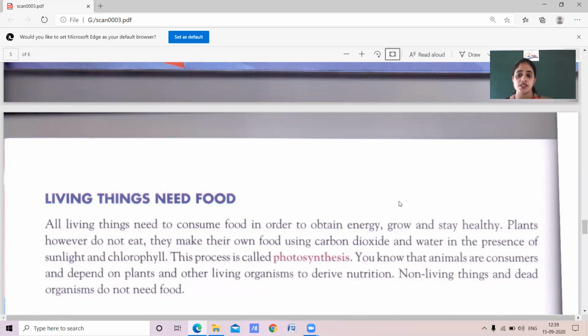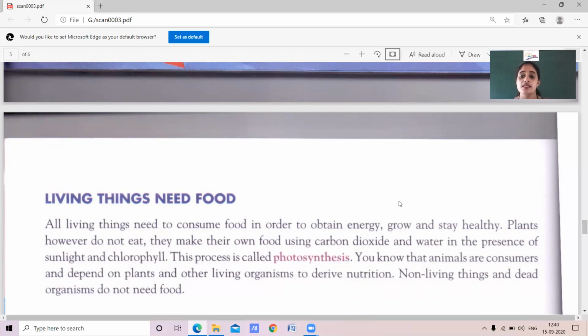By this process, they take the raw materials like carbon dioxide, water, chlorophyll and sunlight, and start preparing the food. But the animals will not produce food, they will consume it.